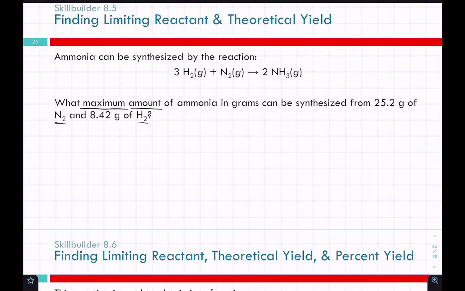So how do we start this problem? We're given two numbers. So you would start with the grams of nitrogen. You can say N2, it's fine, but you should try and say the name nitrogen.